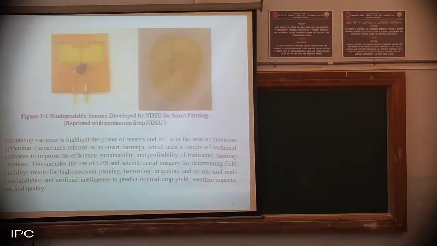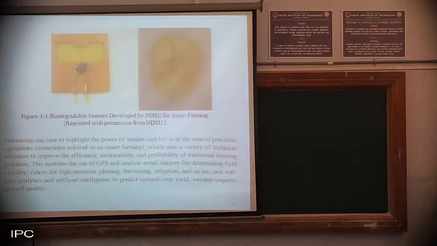Okay, and here one best example is given. This is related to the biodegradable sensor developed by NDSU. NDSU is an agency for smart farming. For smart farming, they have introduced these biodegradable sensors.